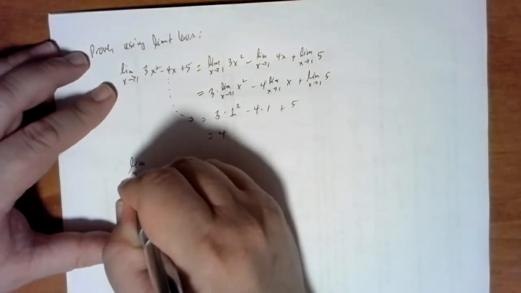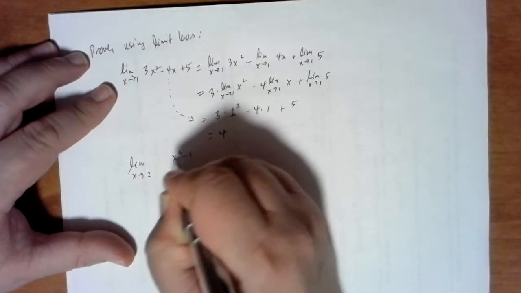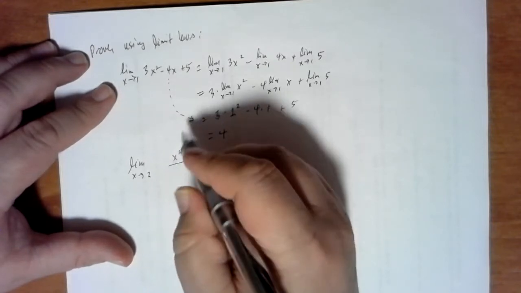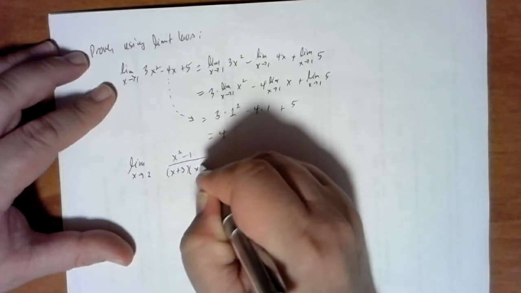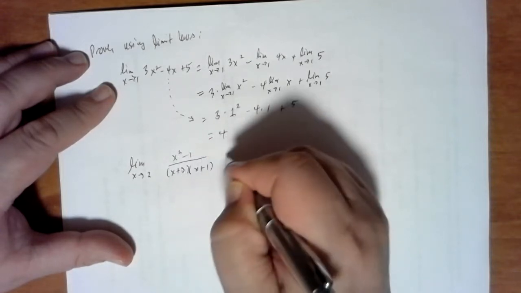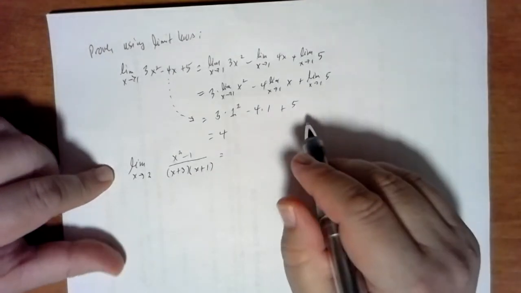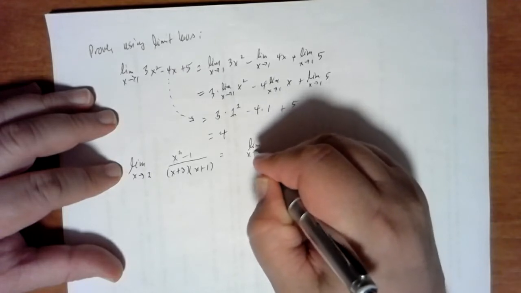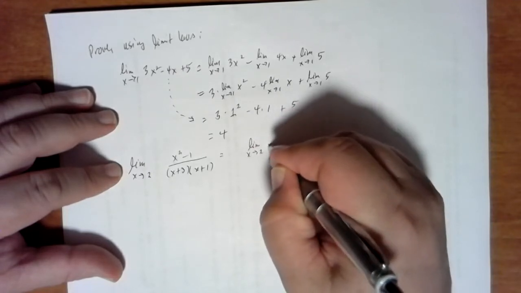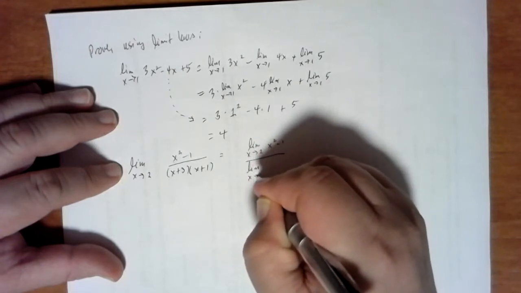The limit as x approaches 2 of x squared minus 1 divided by x plus 3 times x plus 1. We want to use the limit laws again to compute this, and then later on we're going to find a shortcut. So first of all, you can bring the limit into the top and the bottom using the limit laws.